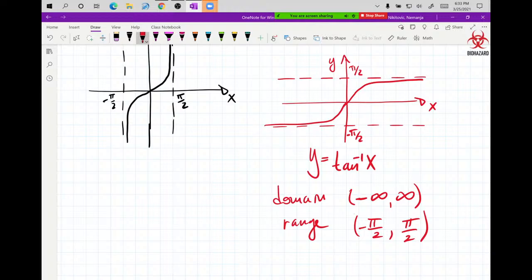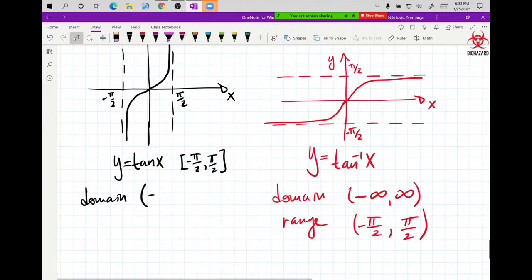And that's the domain and range for the inverse, which is completely opposite from the domain and range for the regular y equals tangent x that was on the interval, right, chopped off at negative pi over 2 to pi over 2. So that actually becomes my domain, because I don't go any more to the left or to the right.